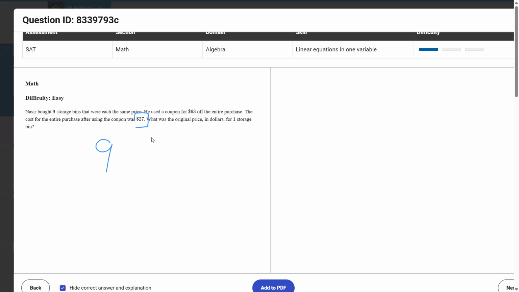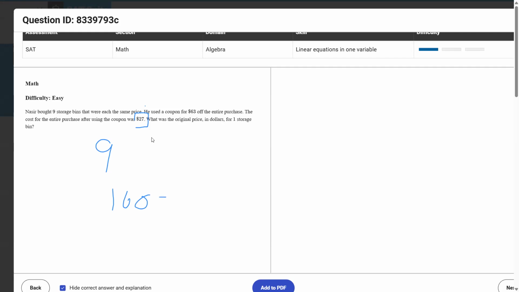So the price for the entire purchase before using the coupon was 100 for all of them, right? It was 27 plus 63, 100. After using the coupon, we subtracted 63, so it became 27.